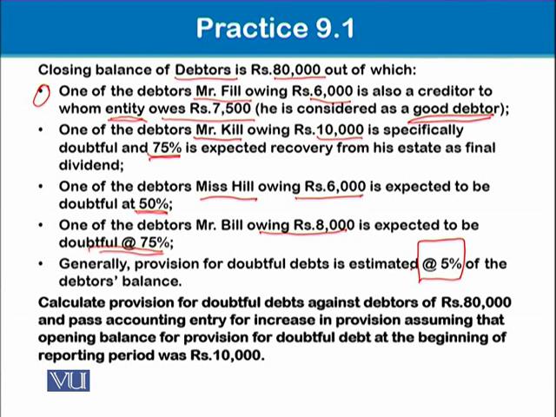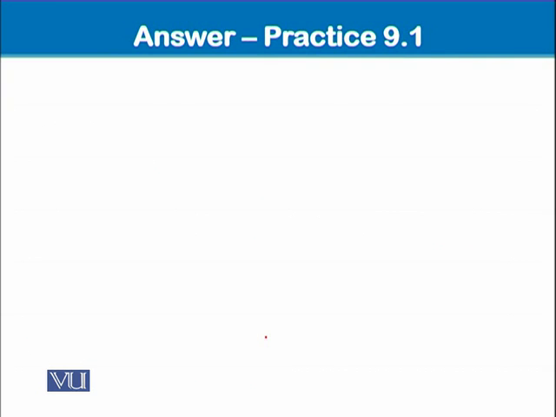So we have to calculate a provision amount for doubtful debts against this 80,000 balance. And we have to pass the accounting entry for increase in provision. We are saying there will be an increase in provision. Why? Because we are assuming that there is an opening balance for provision of doubtful debt equal to 10,000 rupees.